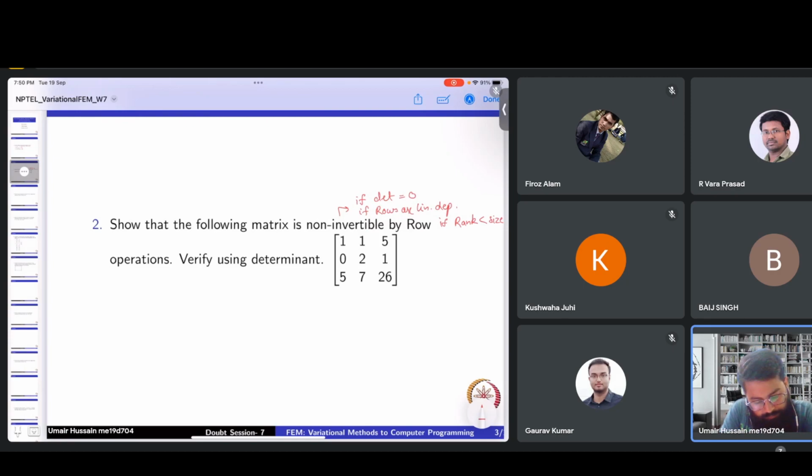Can we do that? So if you see row one, if you multiply row one by 5 and add row 2 to it, what you will get?